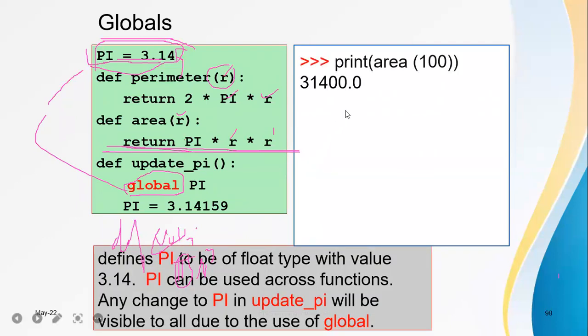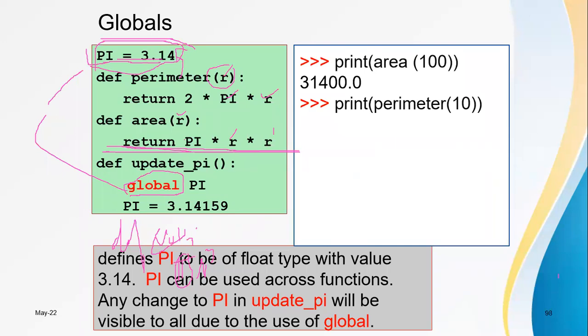Okay. So print area, pi r square. So r is 10. 10 into 10 into 3.14. Okay. Print perimeter, 2 pi r. r is 10 only.